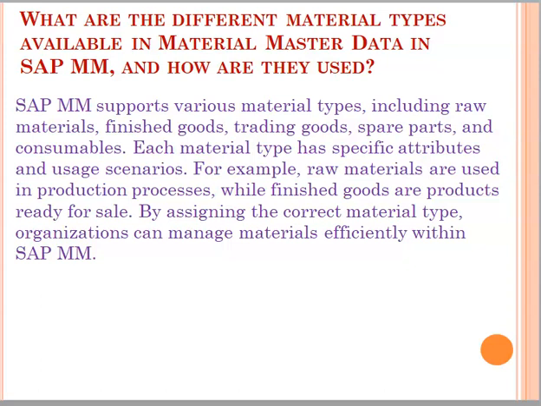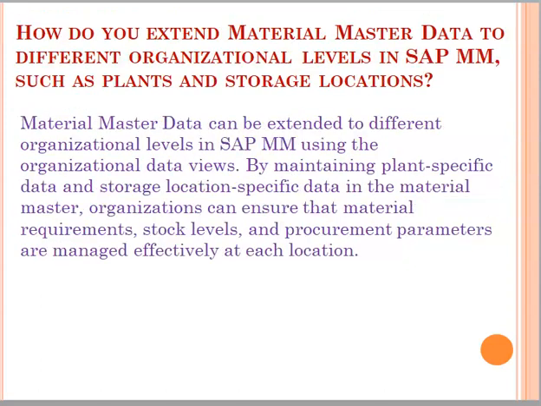Each material type has specific attributes and usage scenarios. For example, raw materials are used in production processes, while finished goods are products ready for sale. By assigning the correct material type, organizations can manage materials efficiently within SAP MM.